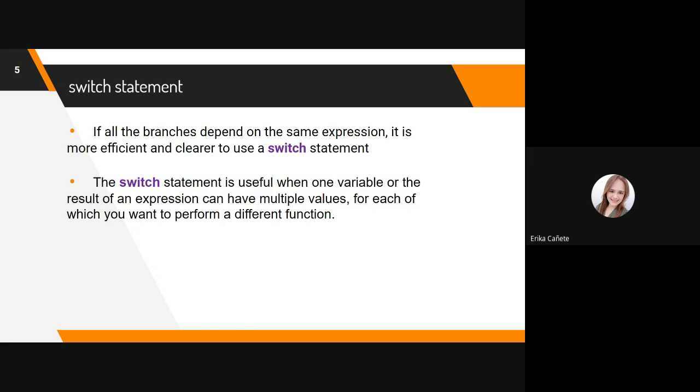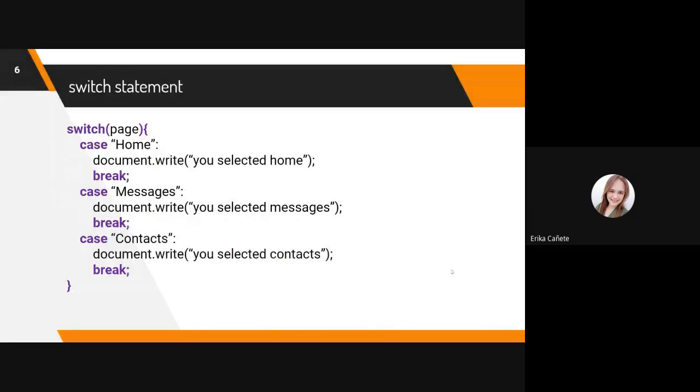If we write the code for this using the if else statement, it would be a longer one. It would include the if statement where page, our variable, is equivalent to home, and then we can use the function document.write to display you selected home.